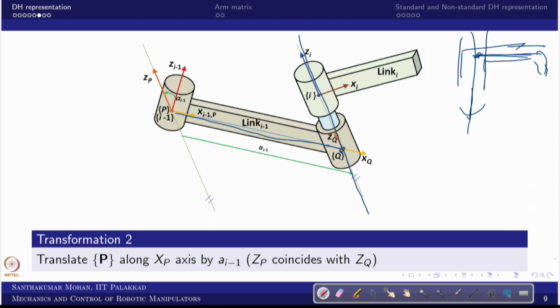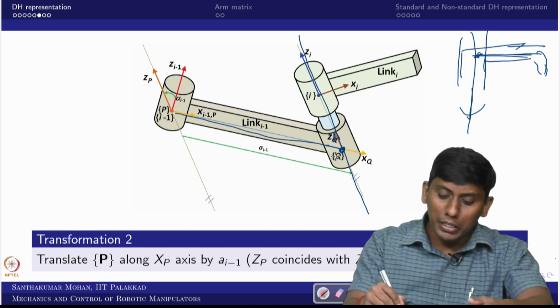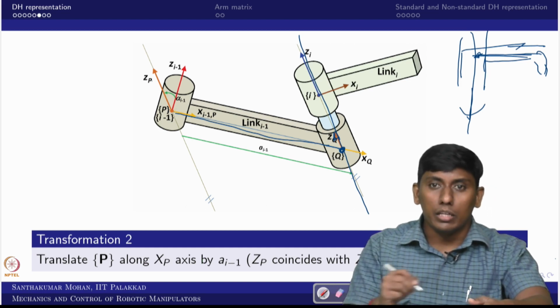When I hit that point, I am keeping it as q. So there is a Zq which is parallel to Zi, and Zp and Zq are parallel. But what is the difference between q and p? There is a distance.